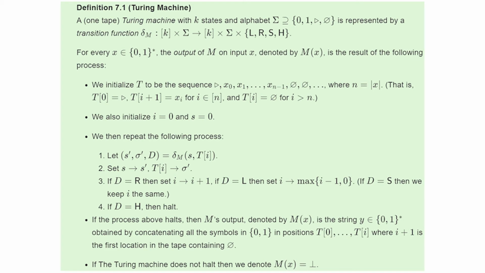We're going to change the value of the tape at index I to be sigma prime, that is, overwrite that location on the tape.